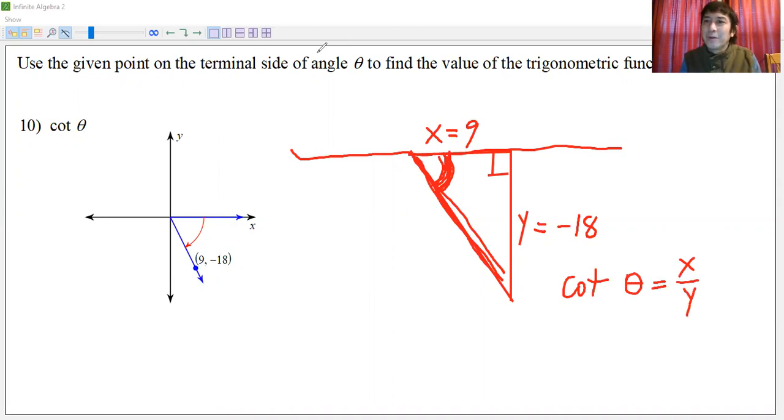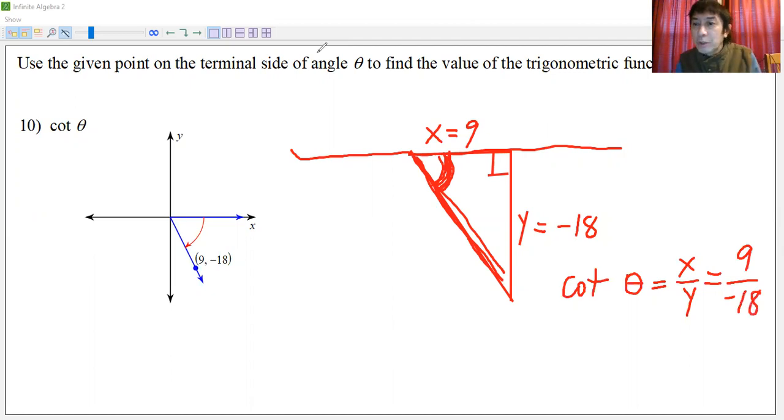Now tangent of theta will be opposite over adjacent. That's y over x. What we are required to get is cotangent, so it will be the reciprocal, x over y. So let's use the numbers. This will be x, which is 9, and y is negative 18.